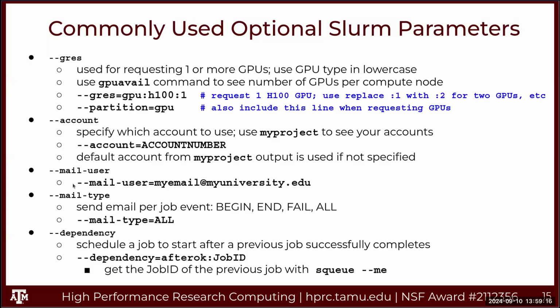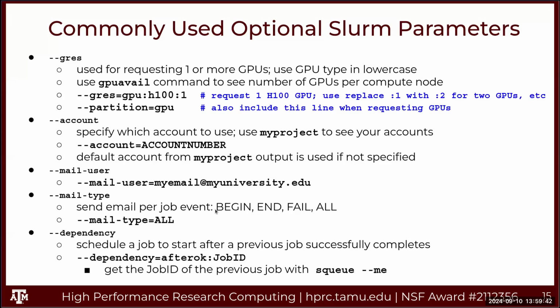You can specify an email address and the type of email you want the cluster to send you. If you want any type of event to be sent to you, you can use all as a mail type. If you want to just use end, then it will only send you an email when it ends.